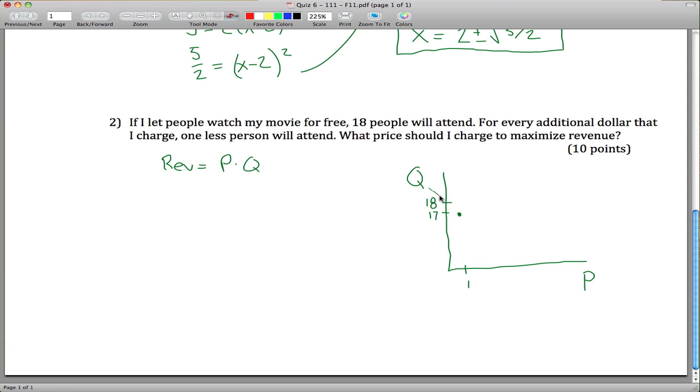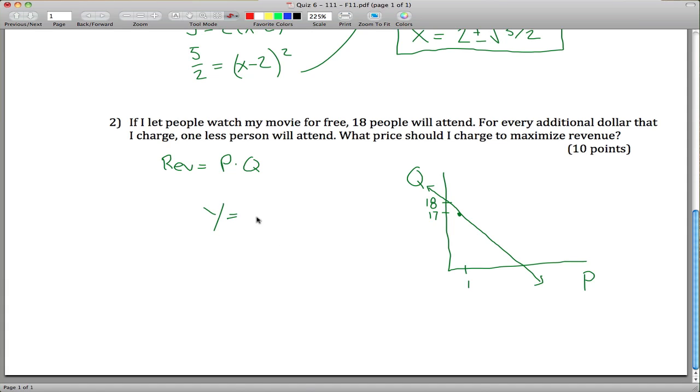So what I got here is a linear equation that looks something like this, that relates Q and P. There's a few ways to come up with the equation of this linear relationship. I think the easiest way is to note that I gave you the y-intercept as 18.